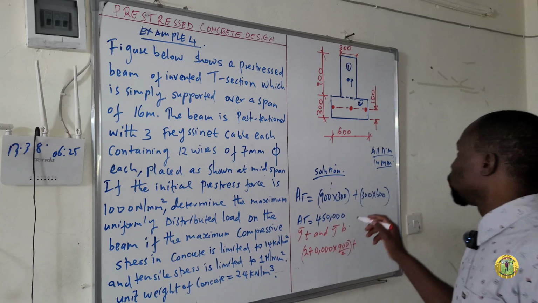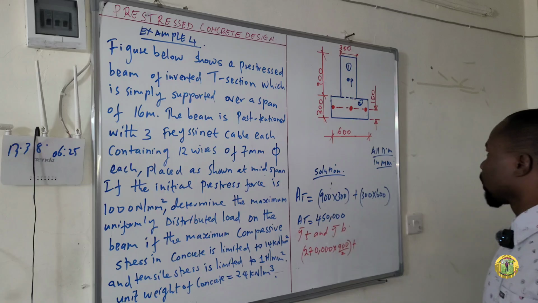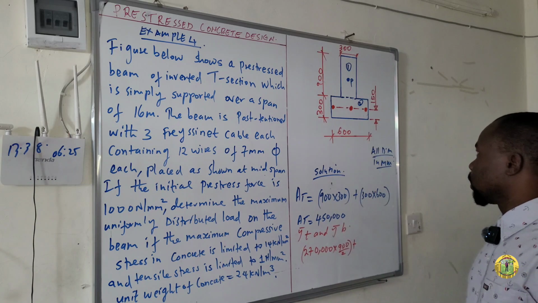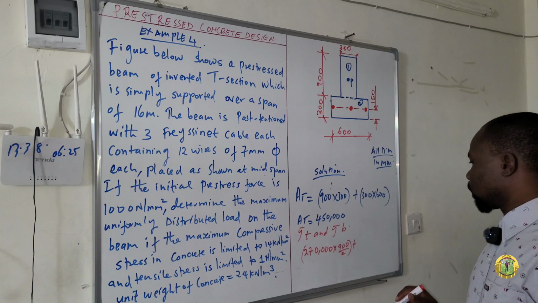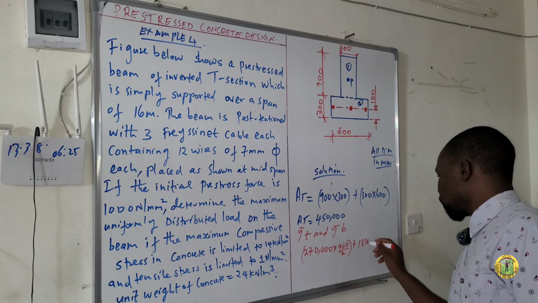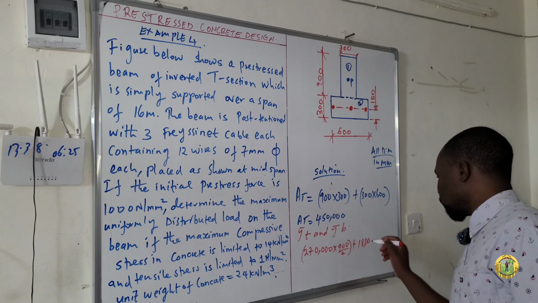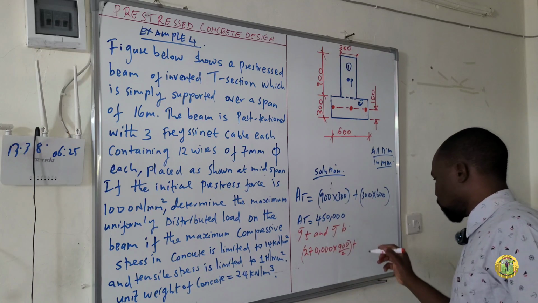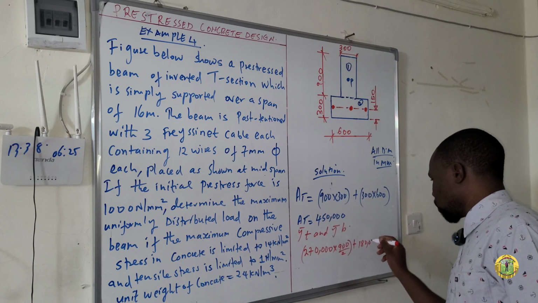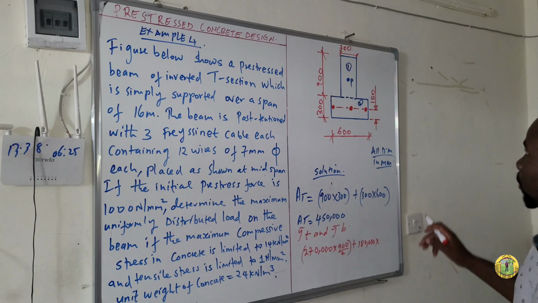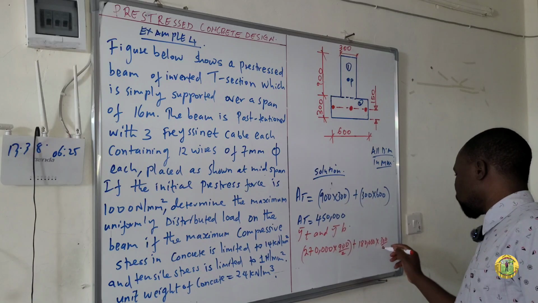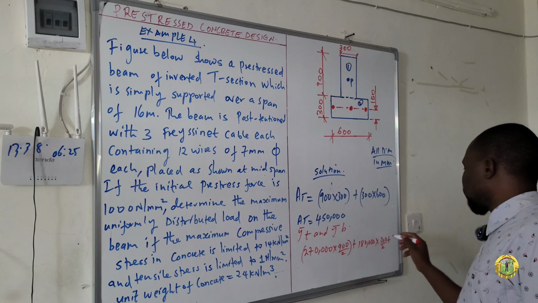Then plus, we come to the second figure. The second figure is 300 times 600, which is 180,000, times half of 300 plus 900, so 300 over 2 plus 900.